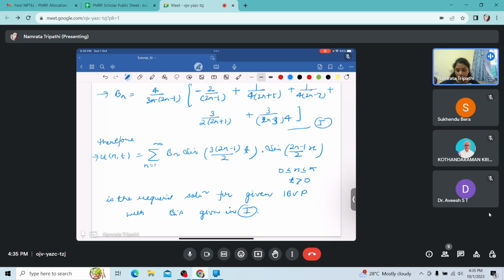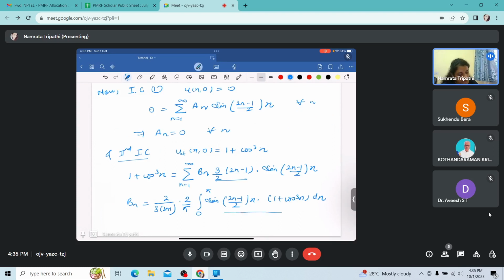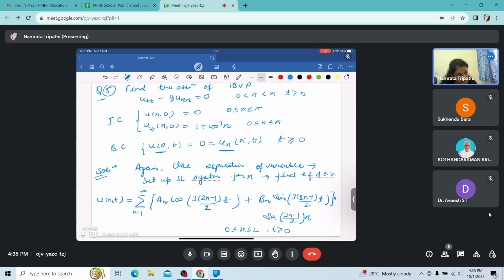Okay, is there any doubt in this question? Because this is a simple integration, you can integrate. I'm not going to spend more time on the integration, and you can solve the expression for u(x,t) as we have done in question 1. Just the difference is, when you apply the boundary condition, you have to first differentiate with respect to x, and then apply the boundary condition. Then you will get the eigenvalue, something like 2n minus 1 upon 2 whole square.